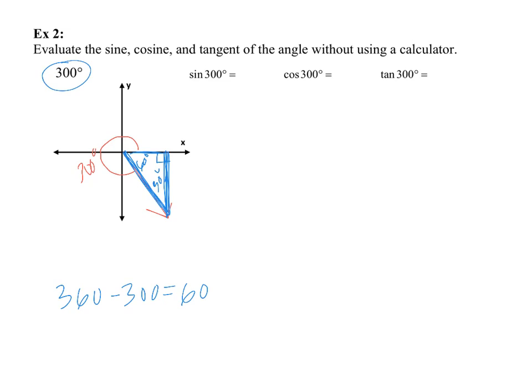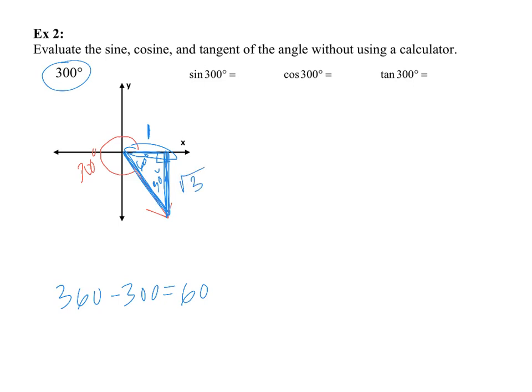Now you're going to label the triangle side lengths. This side here is the short leg. You could call it whatever you want, 1 or 1,000. 1 is very simple, so let's just use 1. What do you multiply the short leg by to get the long leg? Square root of 3.